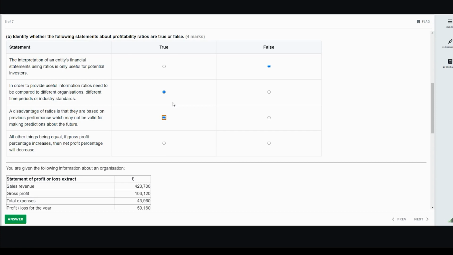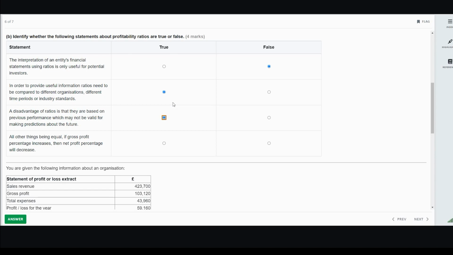All other things being equal, if gross profit percentage increases, then net profit percentage will decrease. Well, if gross profit goes up, that could mean your purchases are cheaper than you expected because you may have got a new supplier or arranged new discounts.